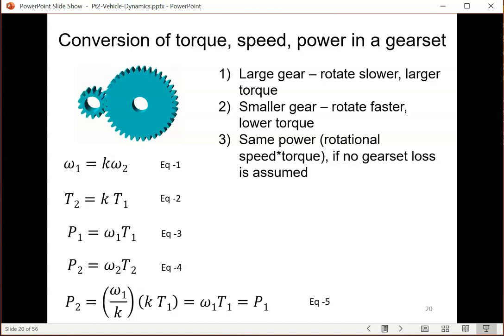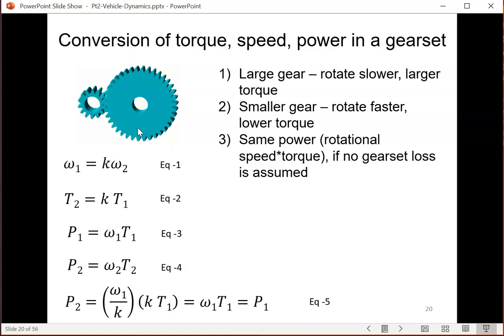They will have different numbers of teeth and different diameters of the two discs. Therefore, the two discs rotate at different speeds, but they also transmit the torque as well, scaled up or scaled down depending on the ratio between the number of teeth on the smaller disc and the number of teeth on the large disc.